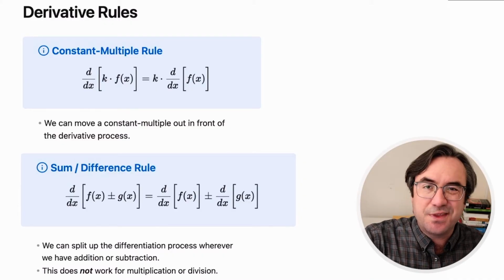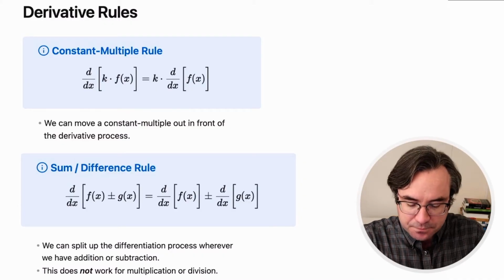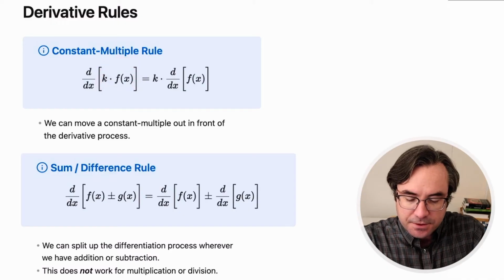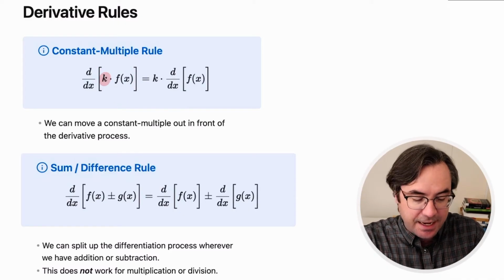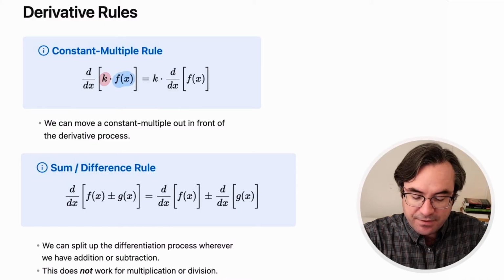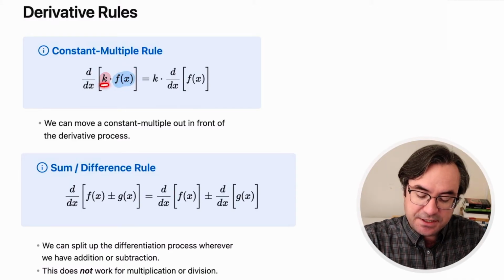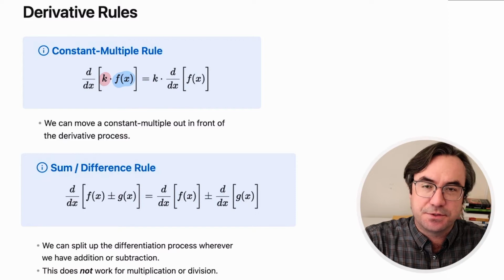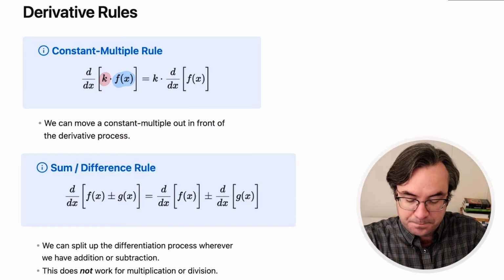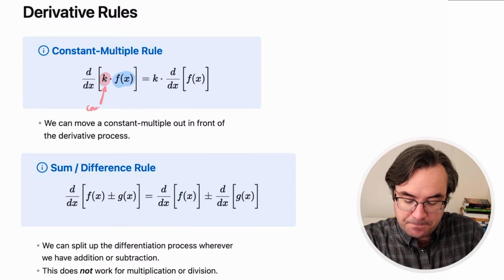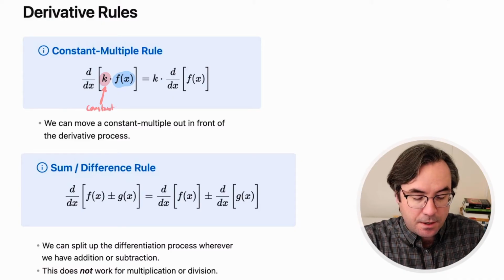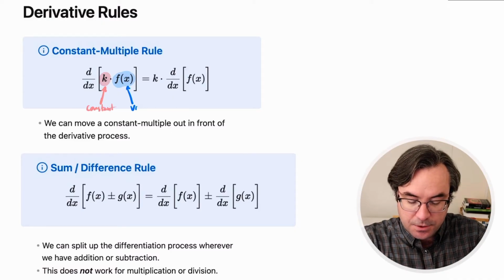So let's start with the constant multiple rule. This rule comes around when we have a constant k times some variable stuff. So we have a constant k times a function f of x. Think of it as a constant times variables. All right, so what happens in this case?